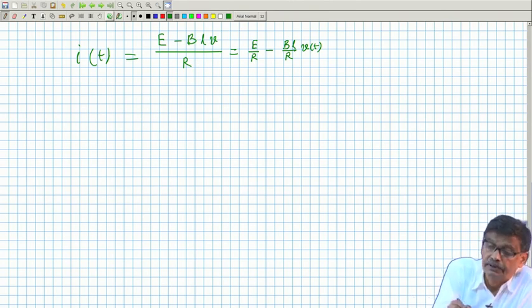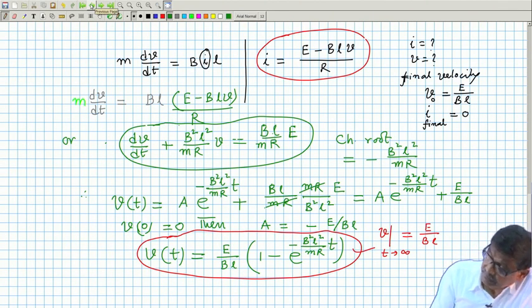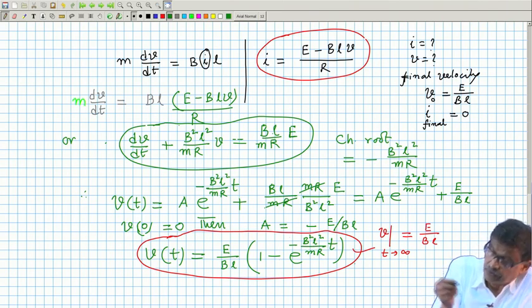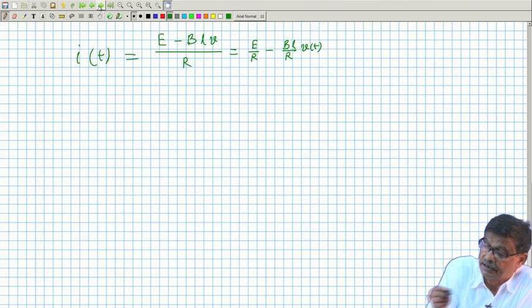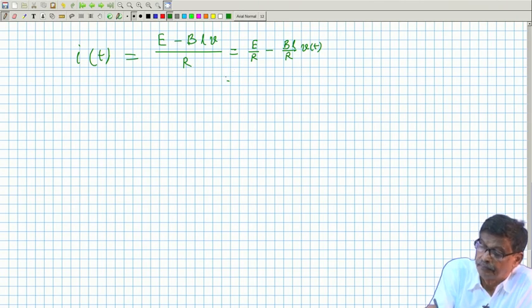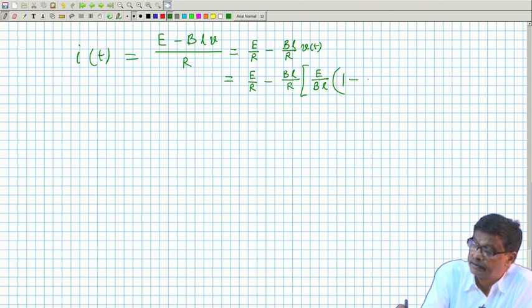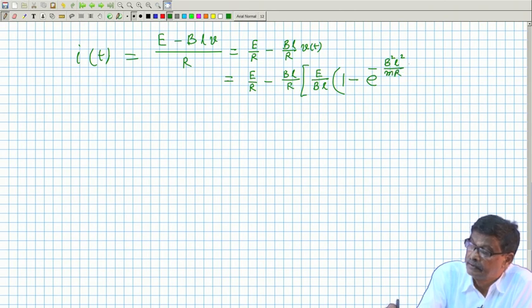V(t) we got here, this is the value of V(t), this expression: E by B L into 1 minus e to the power minus B square L square by m R into t.